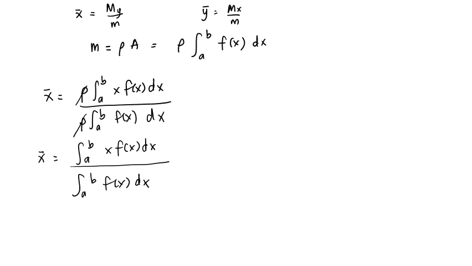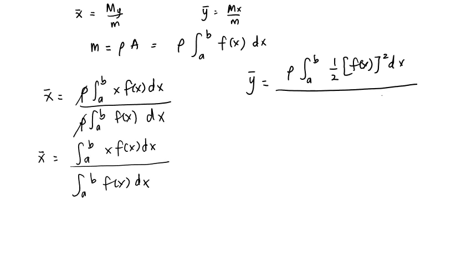So that's the x coordinate for the centroid, and for the y coordinate, follow what we have derived just now. You got Mx equal to rho times the integral from a to b of half of f(x) squared dx, divided by the mass, rho times the integral from a to b of f(x) dx.